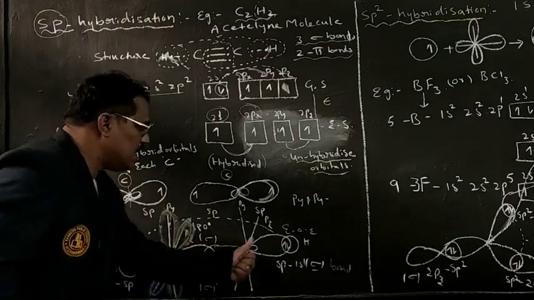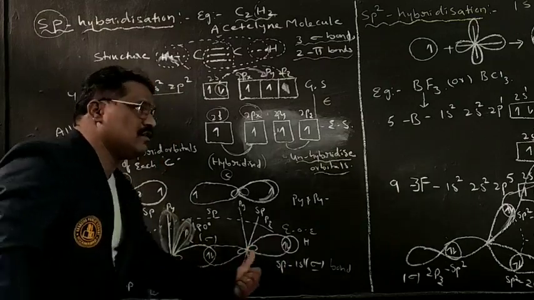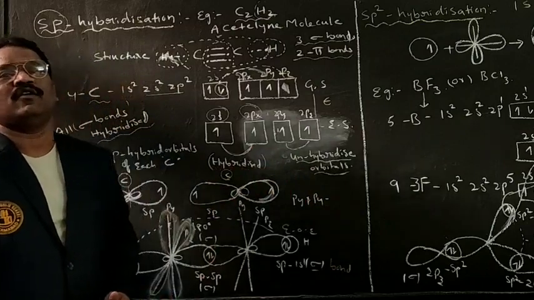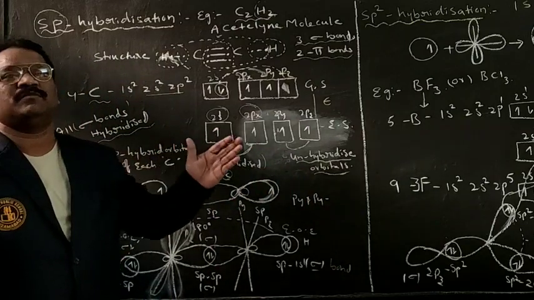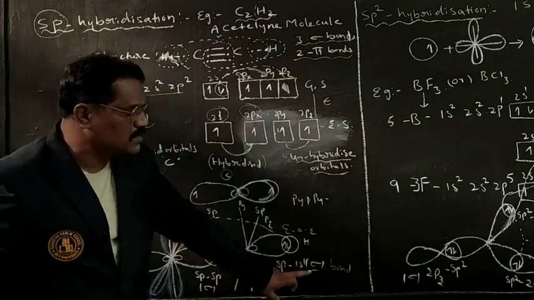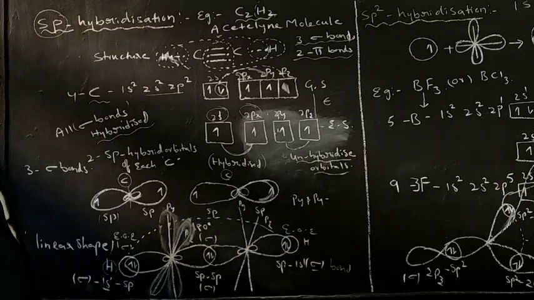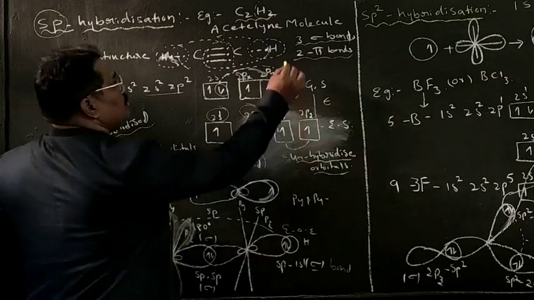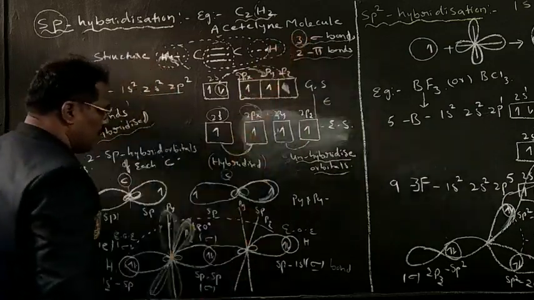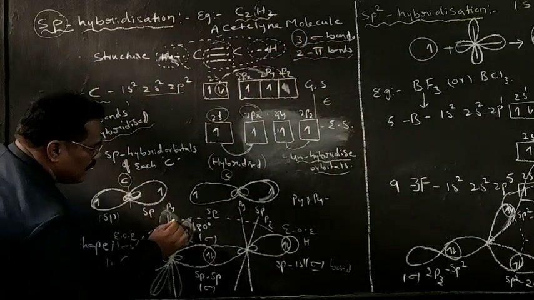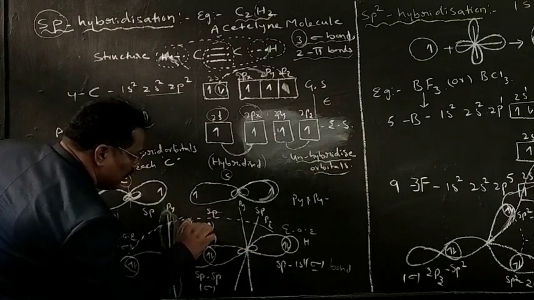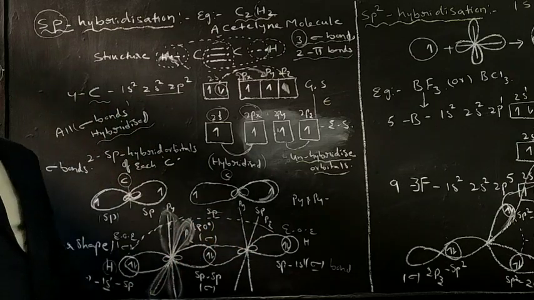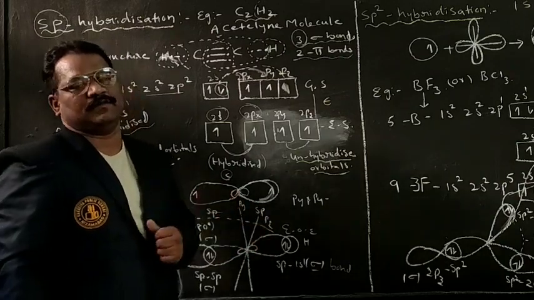Therefore, all these three bonds are forming because of end-on-end overlapping. Due to that, a bond has been formed between them. That bond is called a sigma bond. Let me count: one bond, two bond, three bond. Therefore, three sigma bonds are formed. Therefore, the bond angle between these two bonded pairs of electrons will be equal to 180 degrees.